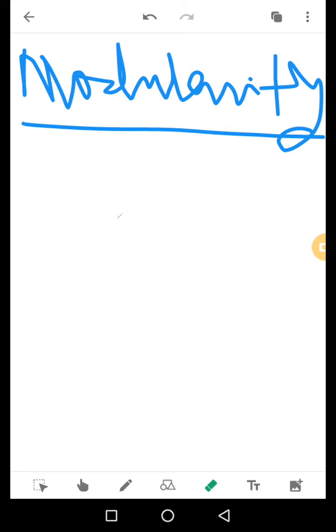So let's have a look at module interconnection languages, MIL.